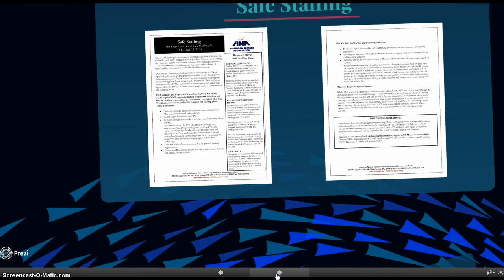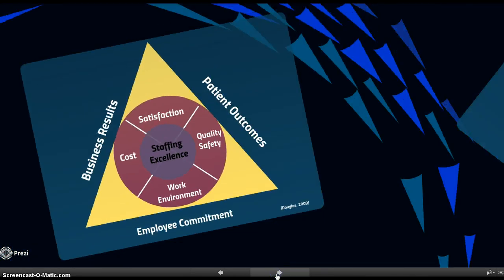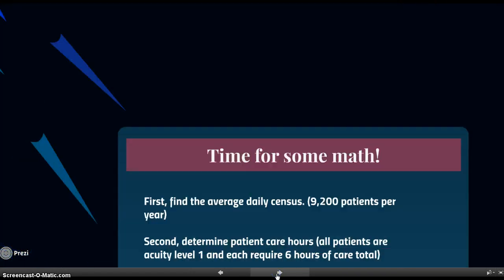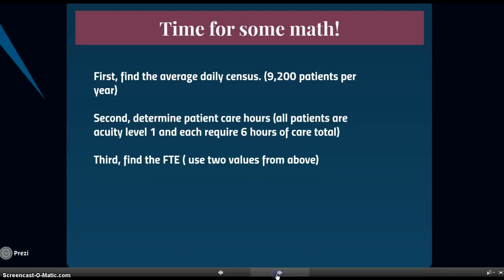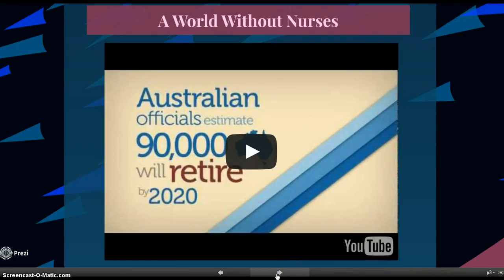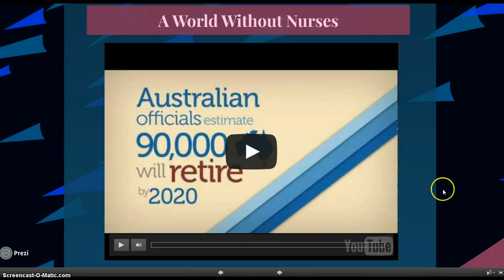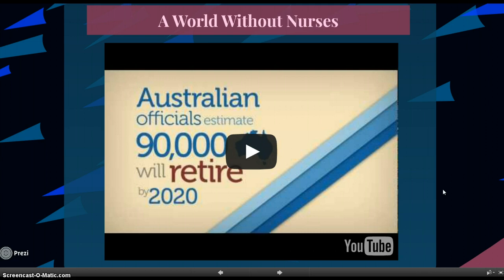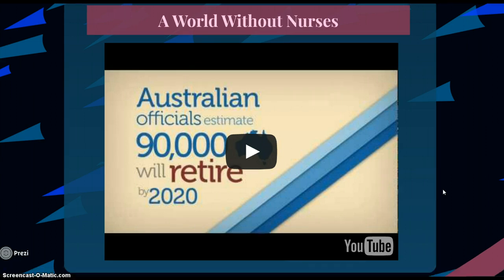And then I just have a video. I had a hard time finding videos about staffing and scheduling, but I did find this video. It's called A World Without Nurses, and it talks about how not even just within the US but worldwide, by 2020 we're going to see a huge retirement of a lot of the baby boomers.